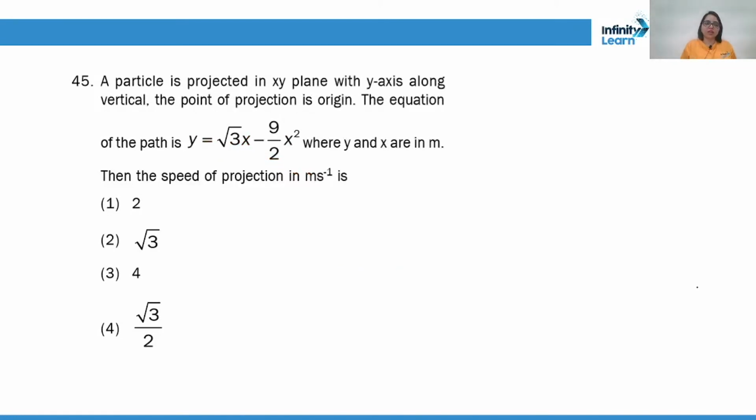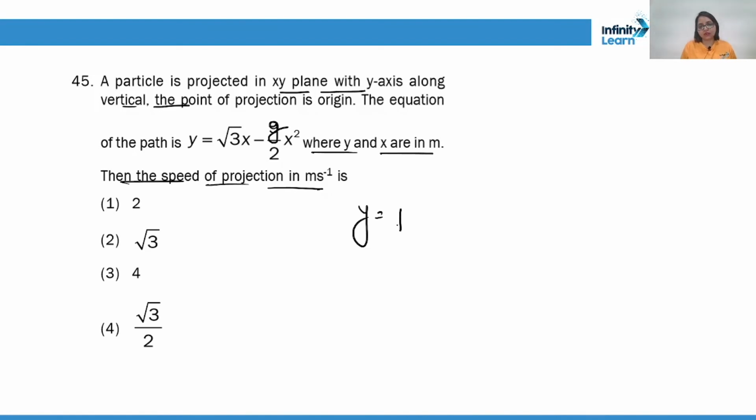Question number 45. A particle is projected in the xy plane with the y-axis along the vertical. The point of projection is the origin. The equation of the path is y equals root 3 x minus g by 2 x square, where y and x are in meters. Then the speed of projection is?